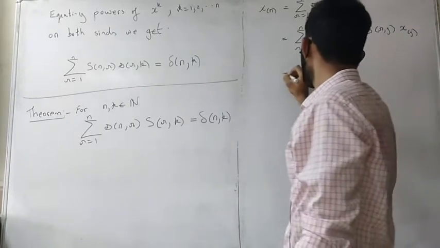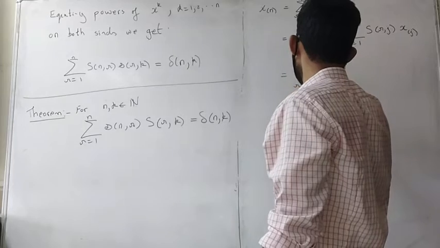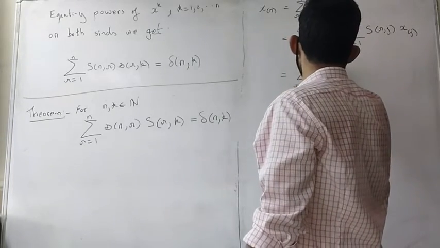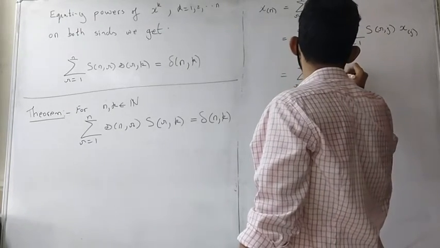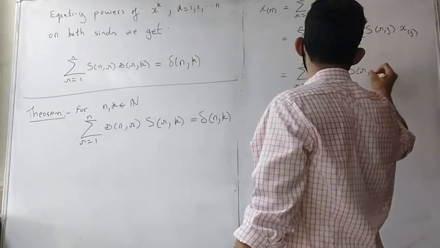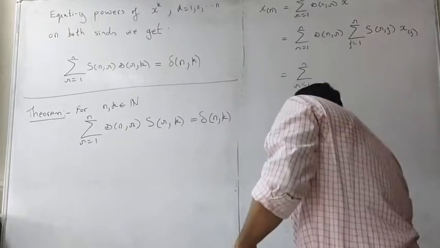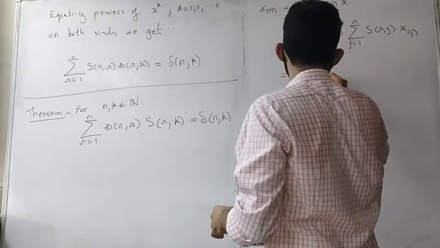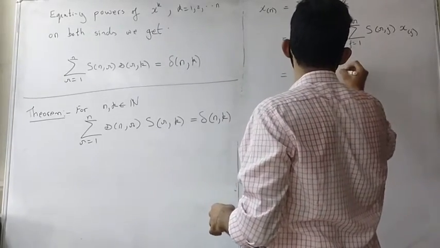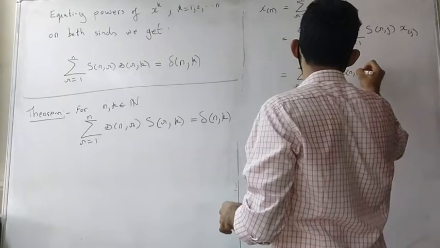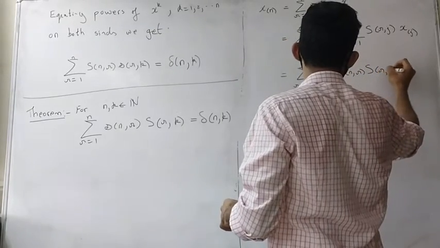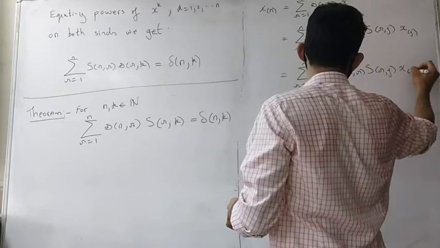Multiply this inside, we get summation r going from 1 to n, summation j going from 1 to r, small s n comma r, capital S r comma j x j.